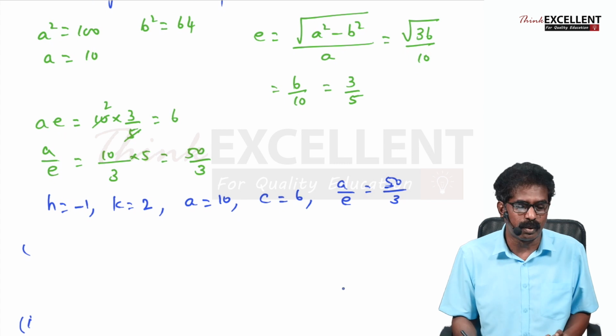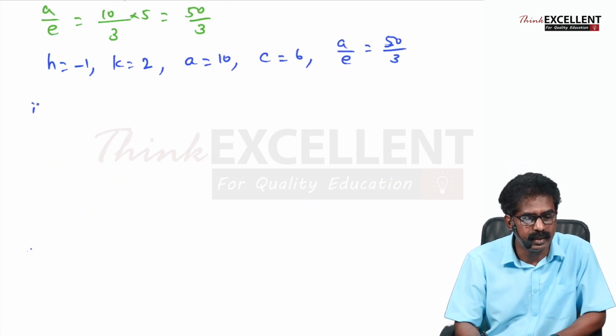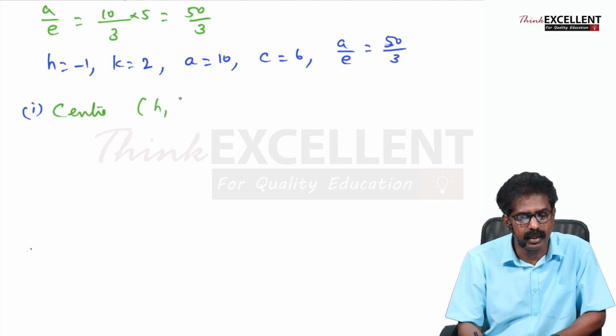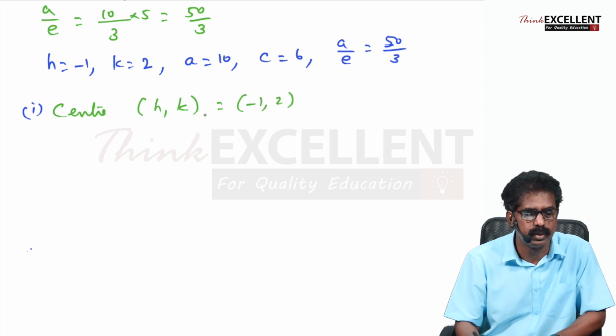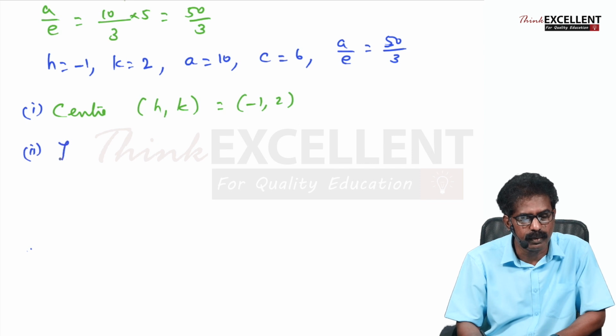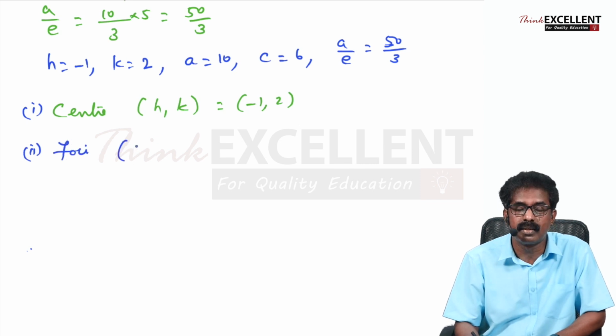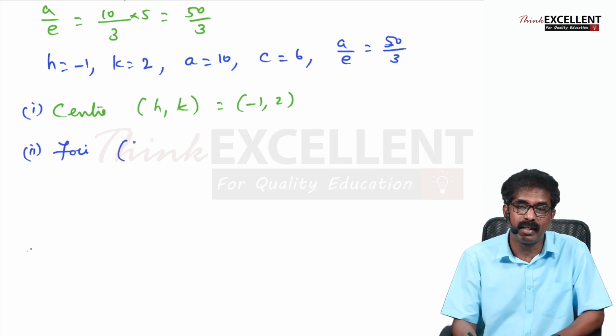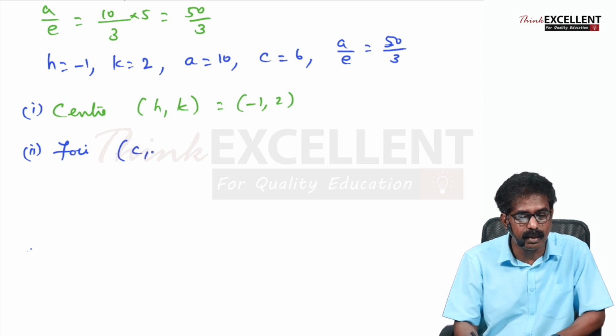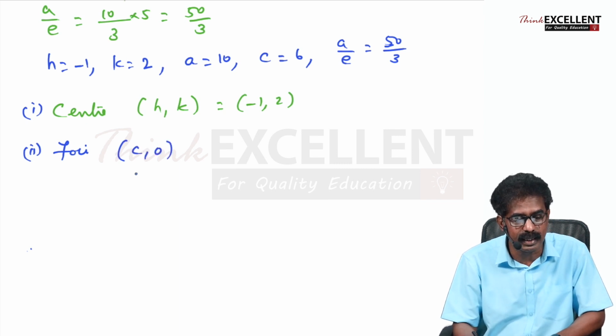Now you start doing one by one. So first you have to find what? Center, right? Center, the formula (h, k). So just substitute (minus 1, 2). Second, we find foci. What's the formula? This is the first type only. So focus is (c, 0) and (minus c, 0).